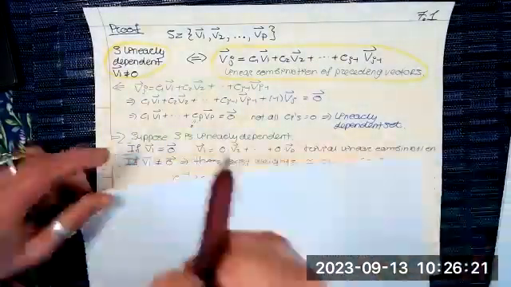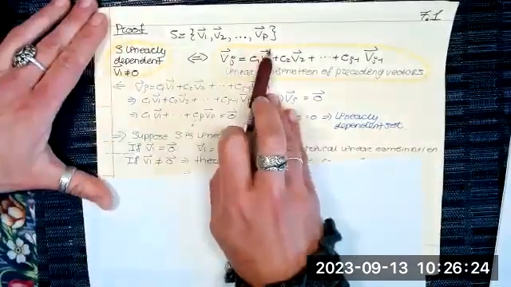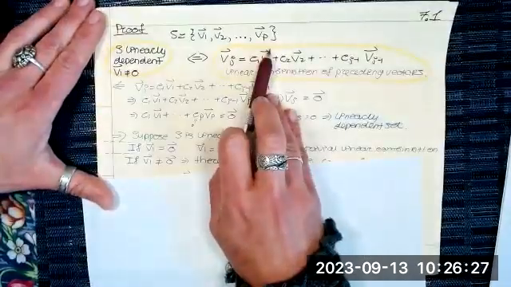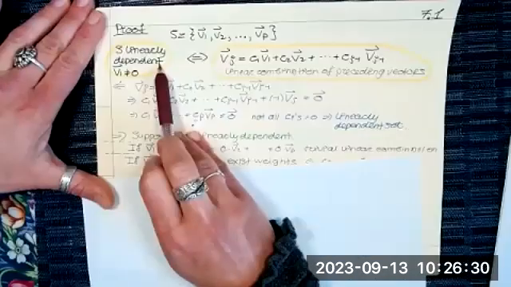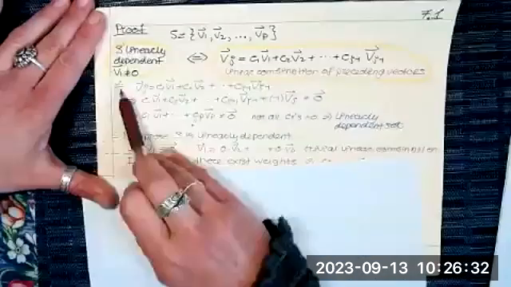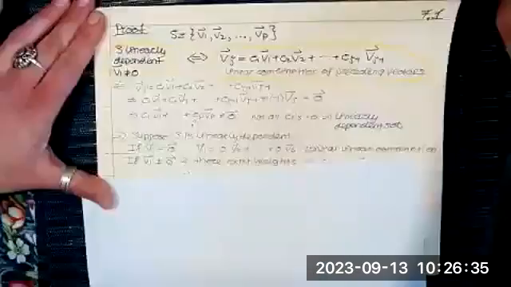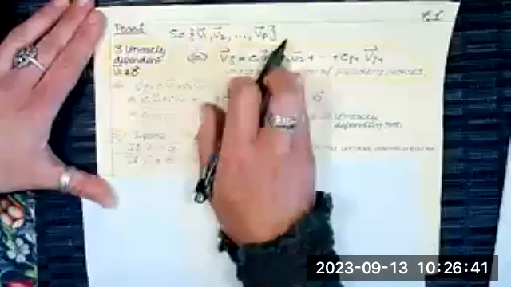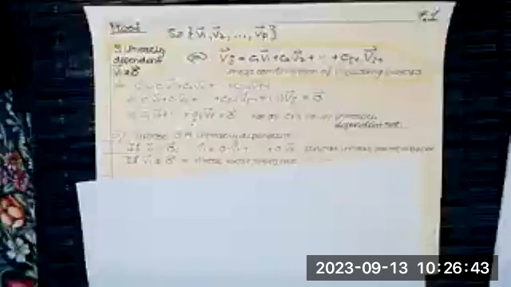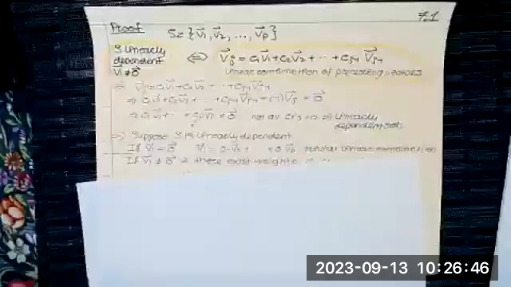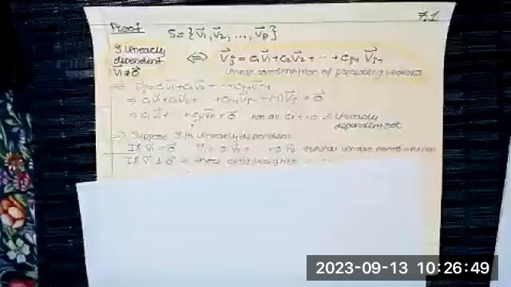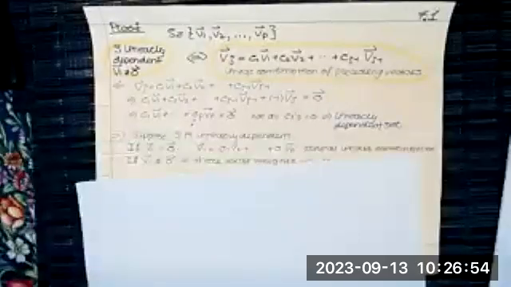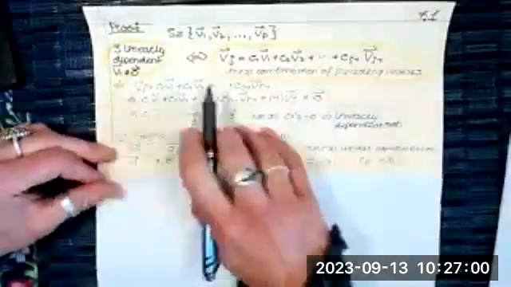If I have a set of vectors V1 through Vp, and S is linearly dependent with V1 not equal to the zero vector. The condition is there because you normally don't want to include zero vectors when deciding whether a set is linearly independent, since the zero vector will always make a set linearly dependent. I can multiply a zero vector by a non-zero scalar, and that gives me a linear combination where not all constants are zero. So we're assuming V1 is not zero.